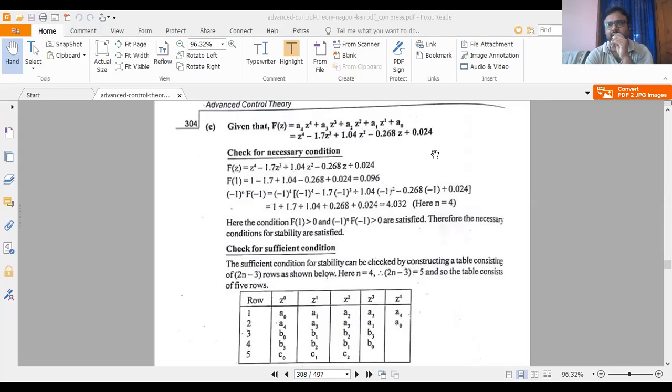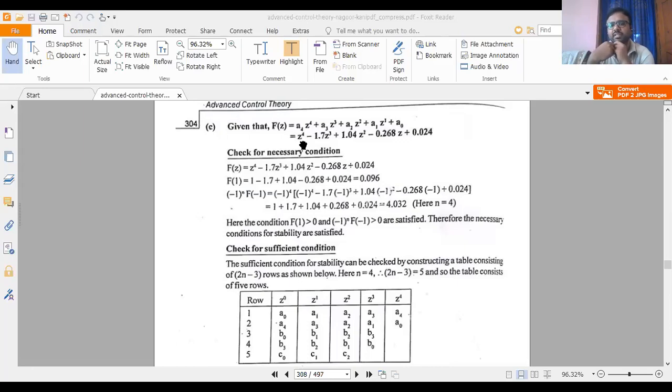The order of the equation is even, that is n is 4. So how many rows are going to be obtained? 2 into n minus 3, 2 into 4 is 8, minus 3 is 5. So 5 rows are going to be obtained for the Jury stability table.